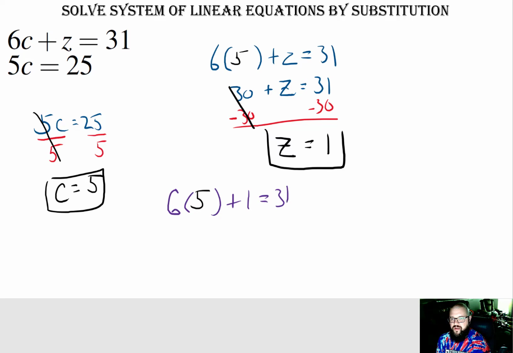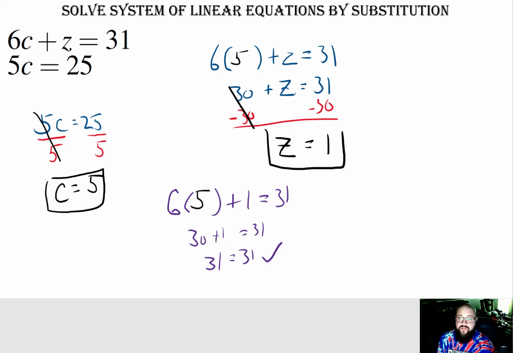Well, 6 times 5 is 30, plus 1 equals 31, and 31 does equal 31. So that checks out again.